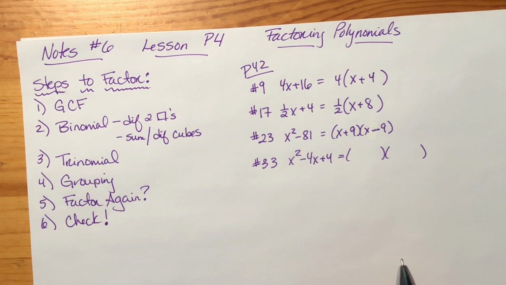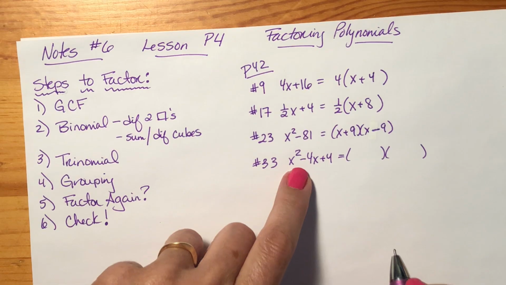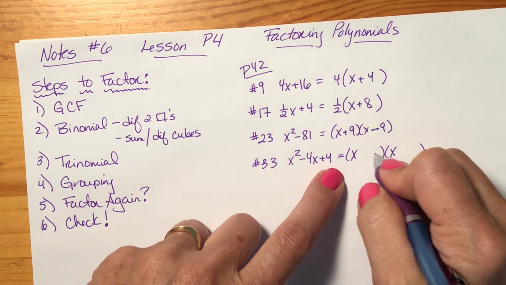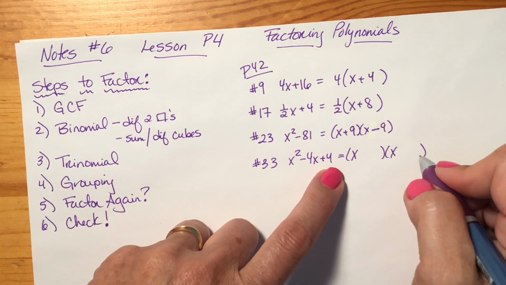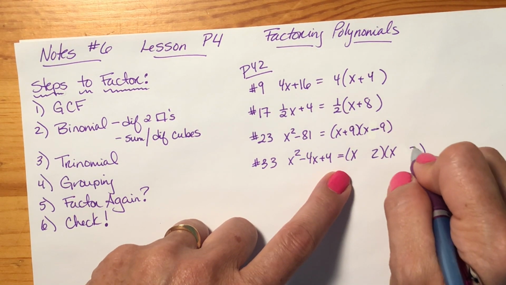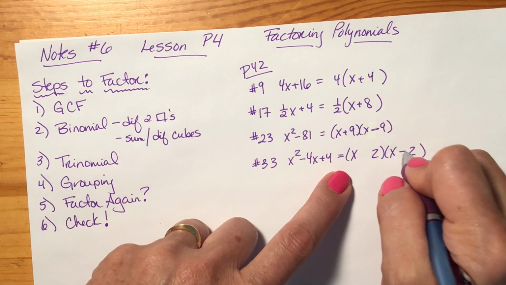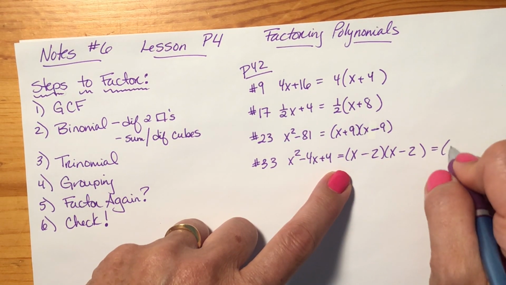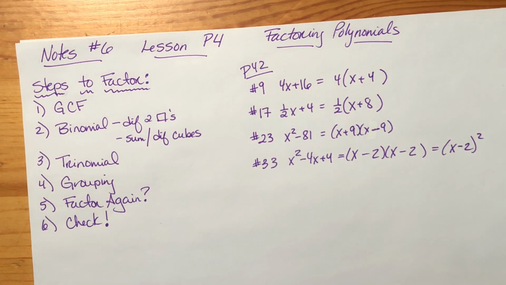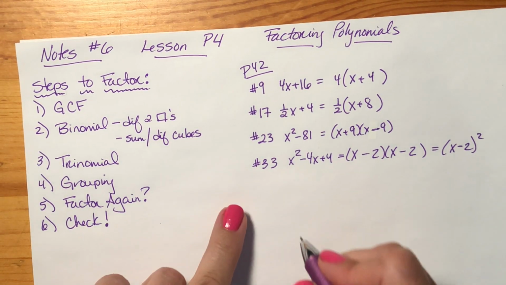There's a reason you're in my honors class, that you could probably just look at this and know that the first term has to be x. Then you're thinking, what are my factors of 4? The sum is going to be -4, so I've got 2 and 2. Or maybe you're thinking, hey, this is one of those special products that we had yesterday. You notice the form, and you can write it as x minus 2, the quantity squared, okay?